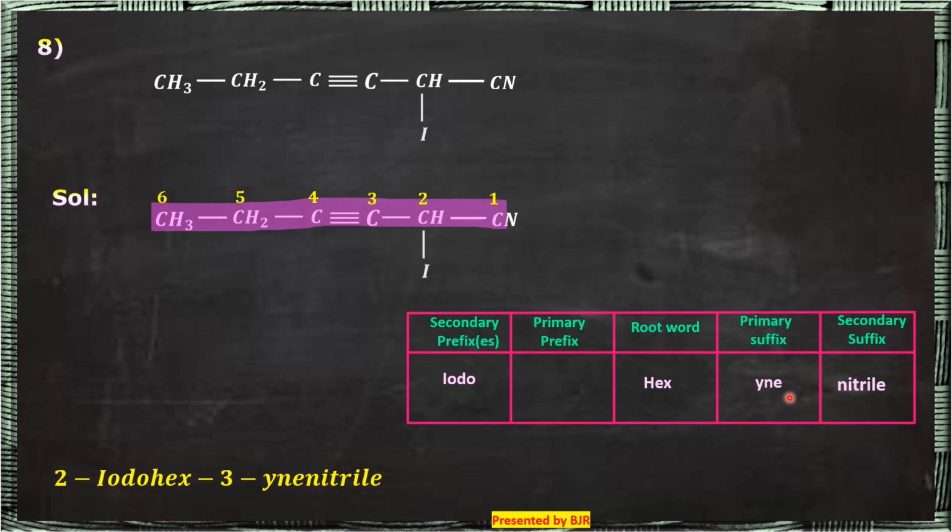Because it is followed by a suffix beginning with N. I already told you the terminal E from the primary suffix is dropped when it is followed by a suffix beginning with A, I, O, U, or Y. In all other cases, E is not dropped. For that reason, E hasn't been dropped. Okay, so this is the IUPAC name of this organic compound.